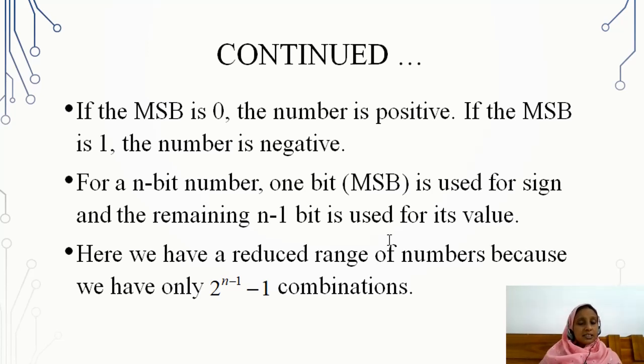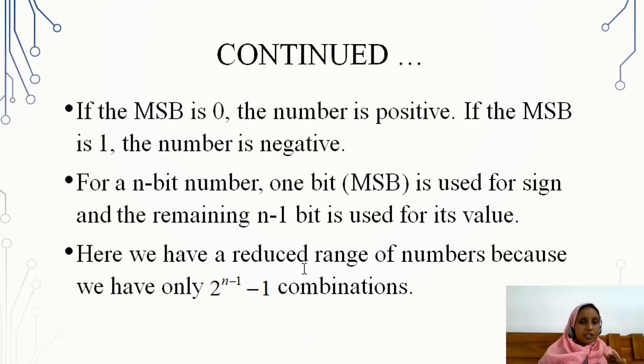So in this type of representation, we have only a reduced range of numbers. Why? Because if there are n bits, one bit is exclusively for the sign. So now there are only n-1 bits for our various values. So 2 raised to n-1 minus 1 combinations are obtained.